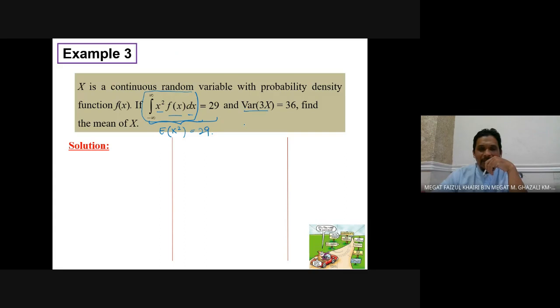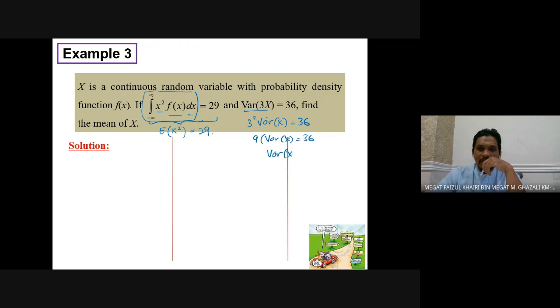And variance of 3x? Variance of 3x, which is 3 squared times variance of x, which is 36. 3 squared equal to 9. Variance of x equal to 36.